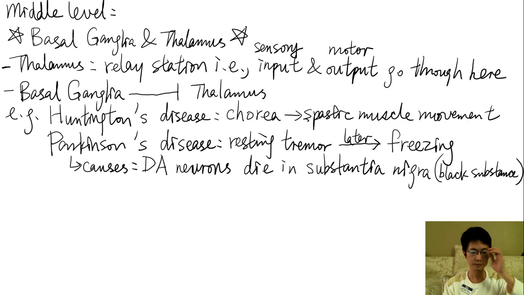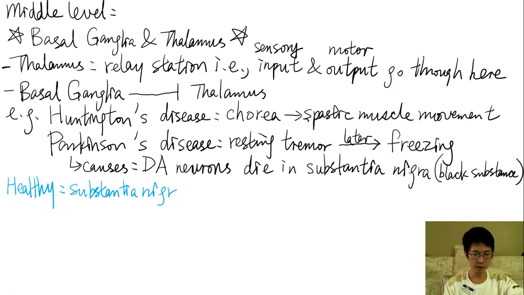Okay, let me color code it so that it will form a stronger contrast. Normal. I don't want to say normal, let's just say healthy individual. Healthy individual. Substantia nigra excites basal ganglia.